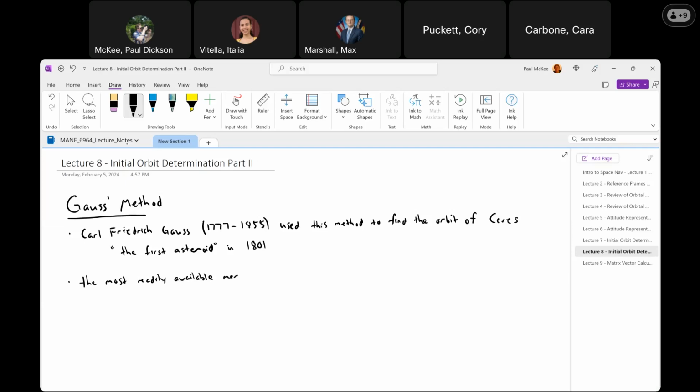So the most readily available measurements of planets, spacecraft, and astronomical bodies in general are line of sight measurements.